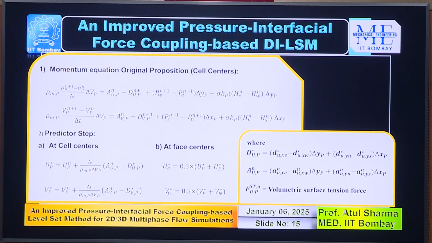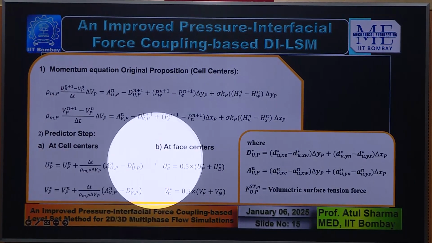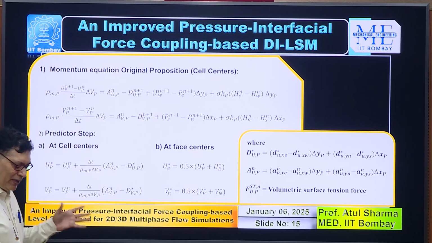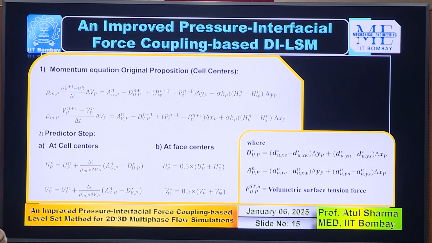As I said, when you go to the computational methodology, you use a predictor-corrector step. In the predictor step of the traditional diffuse interface method, the surface tension force used to be included, but it is not here in this case. There is a predictor step and a corrector step, and when you take the difference of the two, you end up with a pressure correction equation, or a pressure Poisson equation.